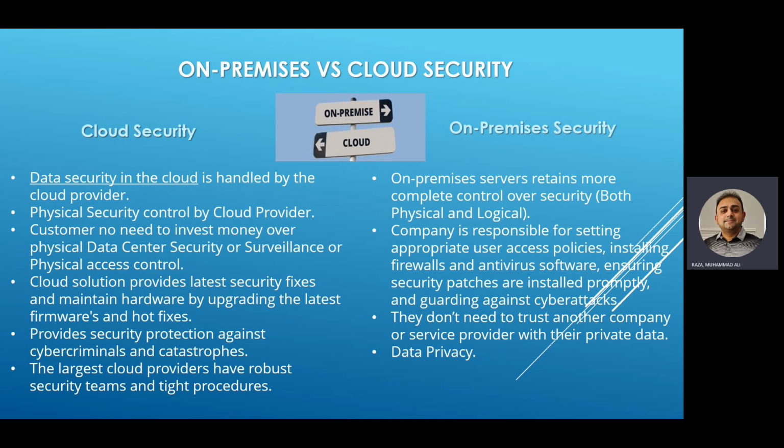In cloud security, data security in the cloud is handled by the cloud provider. However, in an on-premises environment, that is carried out by us. So we need to carry all of the data security controls.